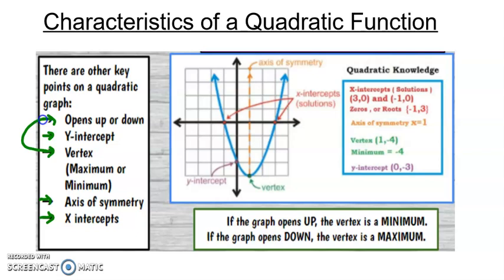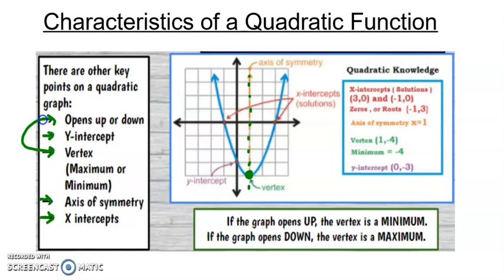Looking at our graph, if we're given a graph, we can identify all these points. If we're given an equation, we have to do a little bit of work to find those points. So in this example here, we've got our vertex. Remember, that's the middle or kind of the starting point of our graph. And we've got our axis of symmetry that cuts right through it. Remember that axis of symmetry, axis means line, symmetry tells us that our graph is symmetrical.